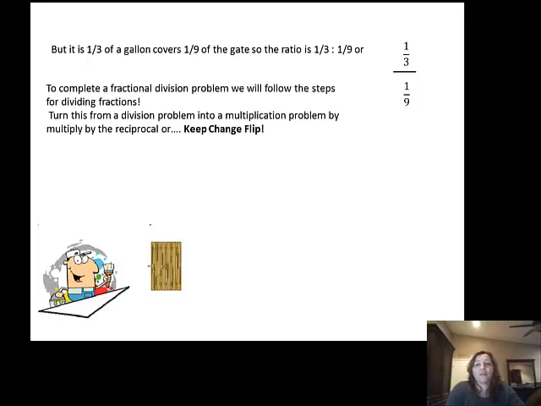The ratio is a complex fraction. This is a fractional division problem. Remember that the fraction bar means division. So as a fractional division problem, we follow the steps for dividing fractions. We turn this from a division problem into a multiplication problem by multiplying by the reciprocal, or we use keep, change, flip.